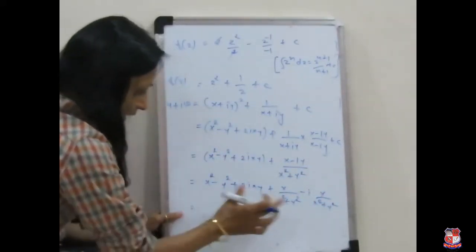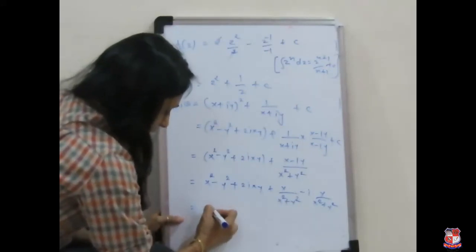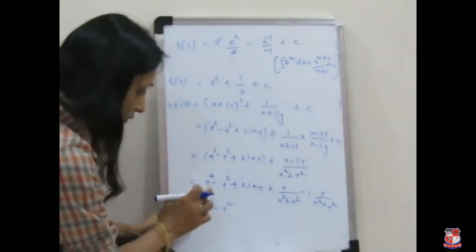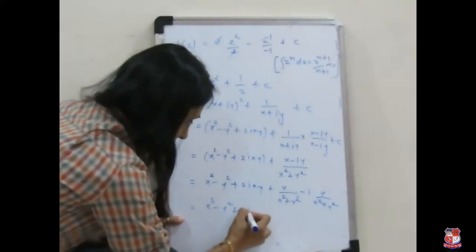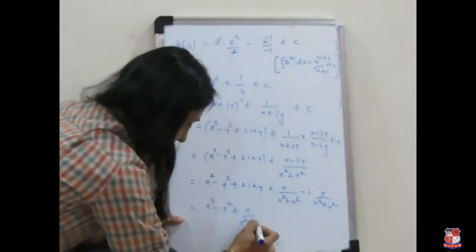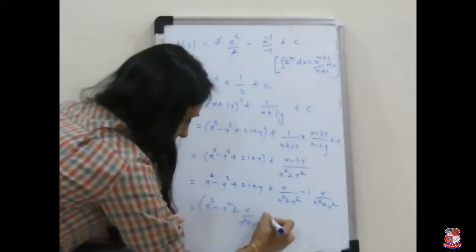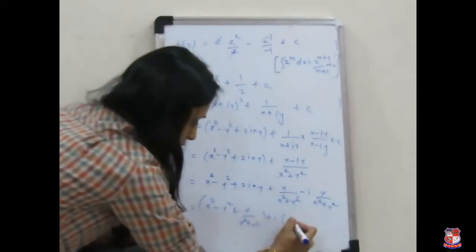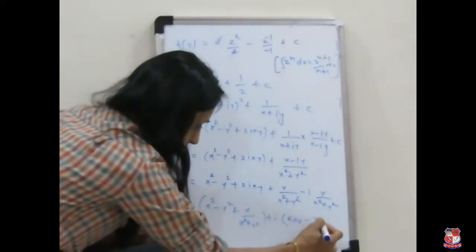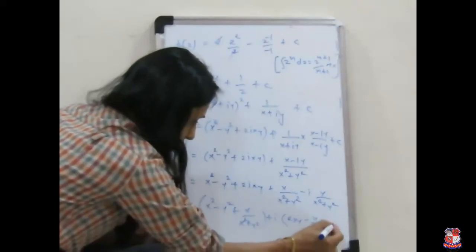Now take the real part and imaginary part: x square minus y square plus x over x square plus y square, plus i is common, 2xy minus y over x square plus y square.